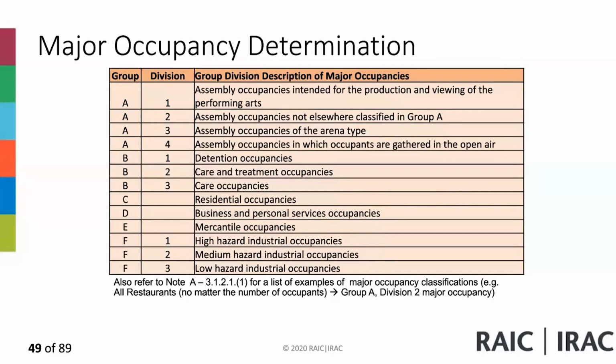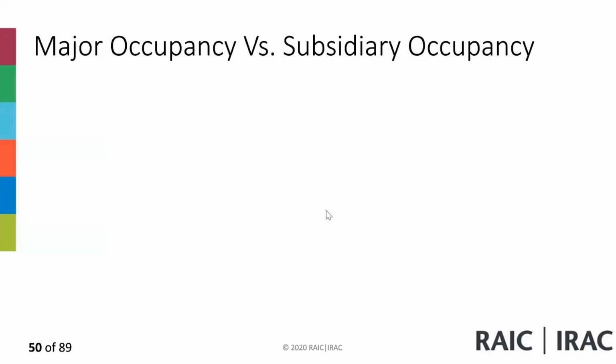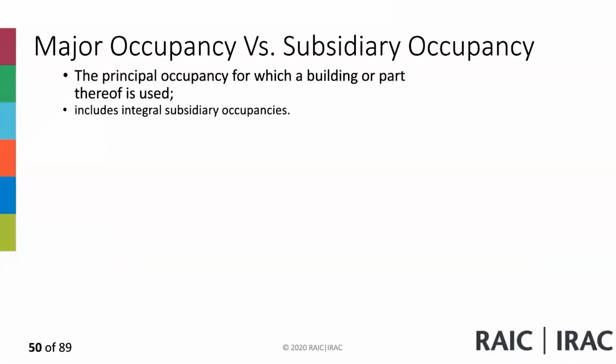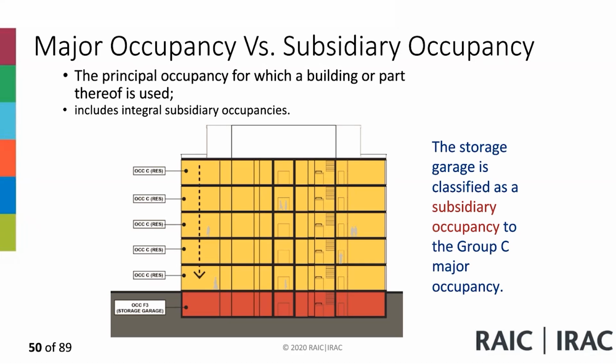Take a look at the definition of major occupancy: the principal occupancy for which a building or part thereof is used. It includes an integral subsidiary occupancy.